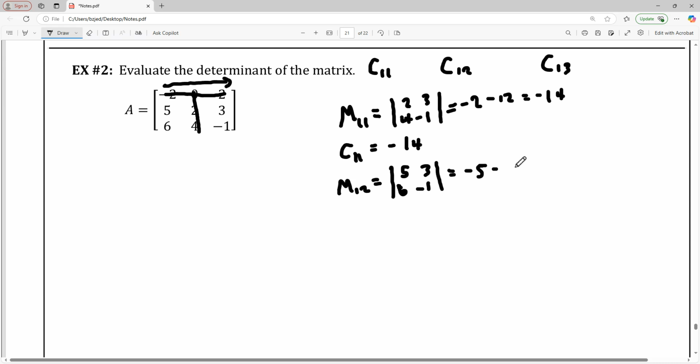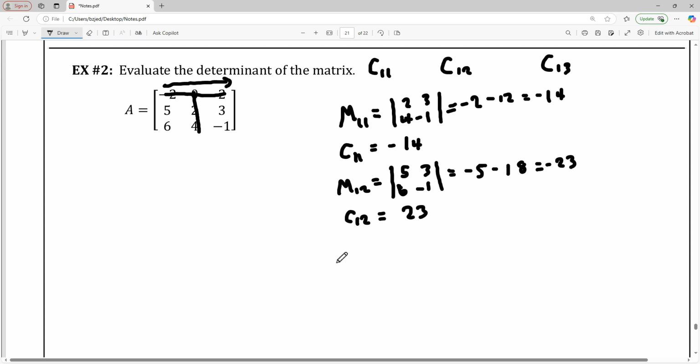Minus 6 times 3 is 18. And then what would that be? Negative 5 minus 18, that would be negative 23. So that would be minor 1, 2. But that is not what cofactor 1, 2 is. Cofactor 1, 2 would actually be equal to positive 23, because 1 plus 2 is 3, which is odd, which means it's the opposite of minor 1, 2.